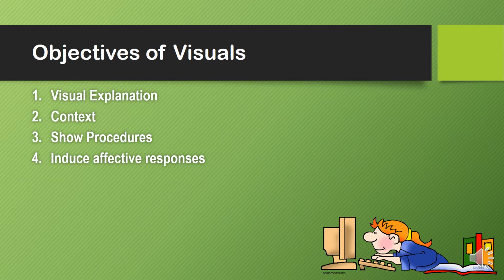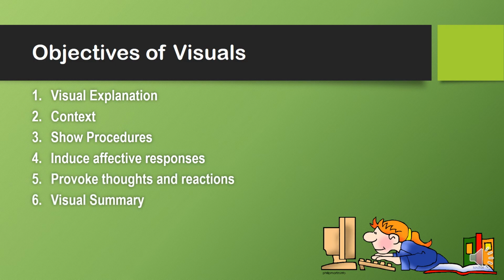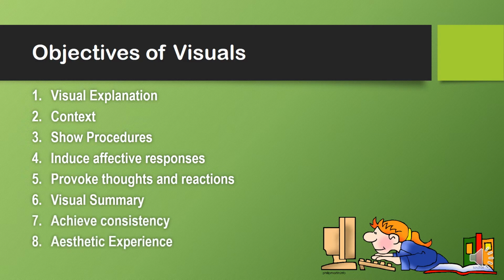Number three, show procedures, for example, on how to play a new game. Number four, induce affective responses like curiosity, interest, and laughter. Number five, provoke thoughts and reactions like finding a plausible solution for a mystery. Number six, provide a visual summary. Number seven, achieve consistency and mark changes. And number eight, provide an aesthetic experience.